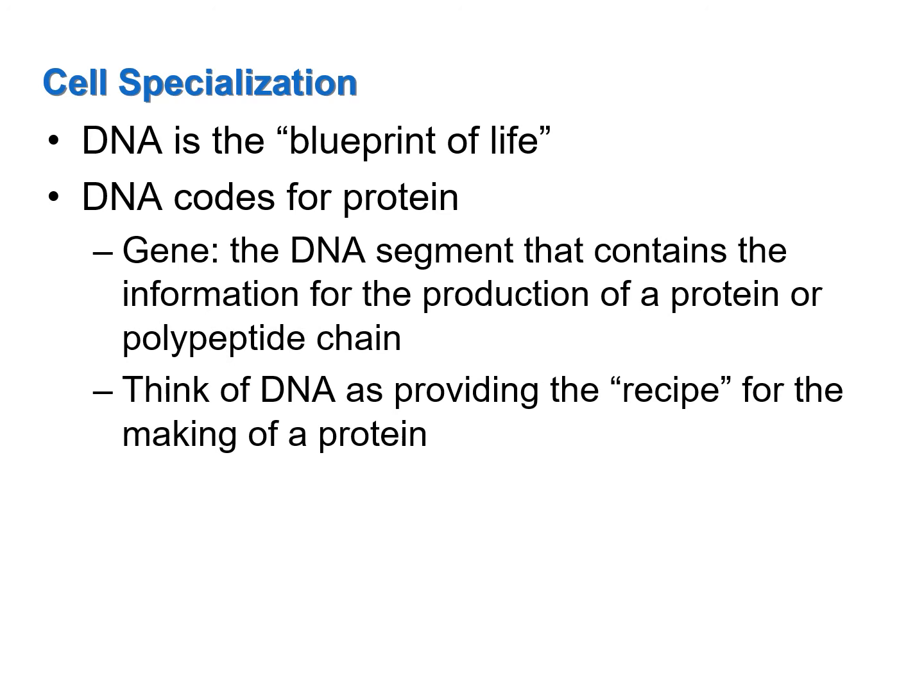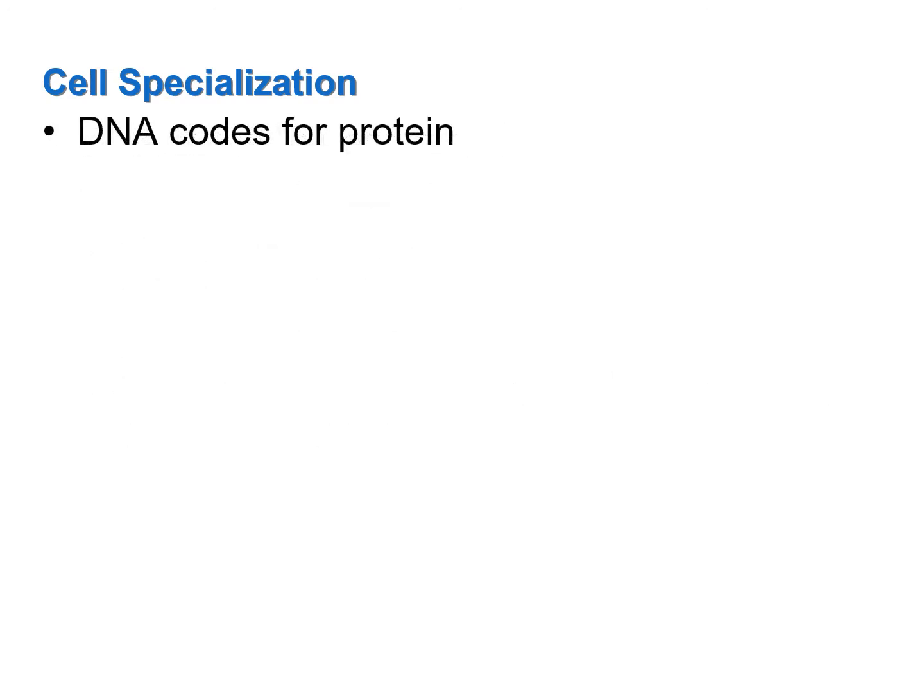So you can think of DNA as providing the recipe for the making of all of the proteins in your body, in the same way that your mother or your grandmother may have a recipe for making a specific cake or a specific pie or some other cooked item. So DNA provides the recipe for all of the proteins in your body.